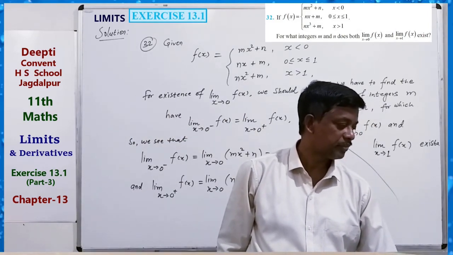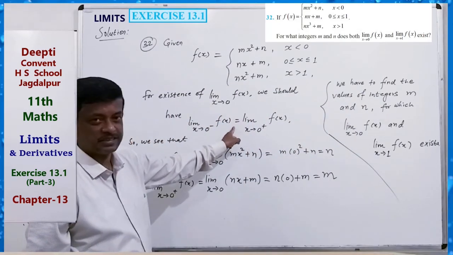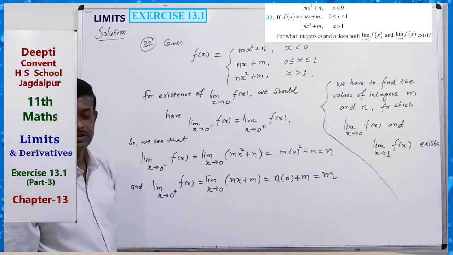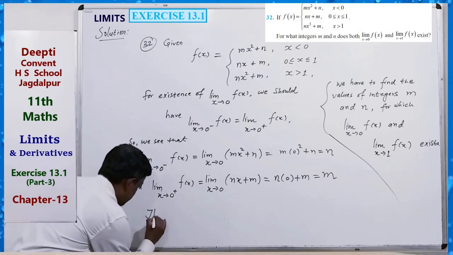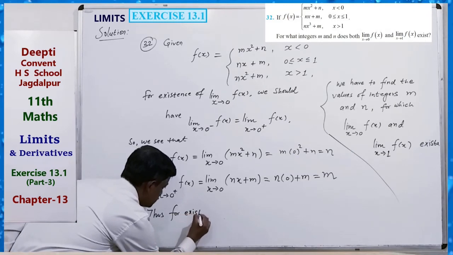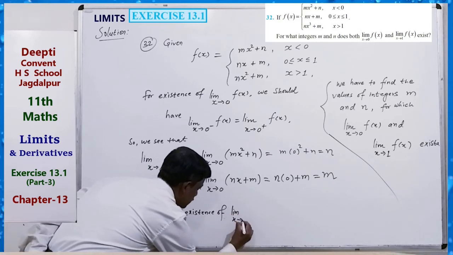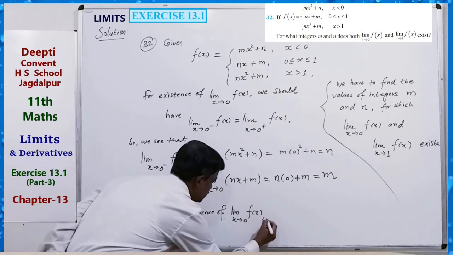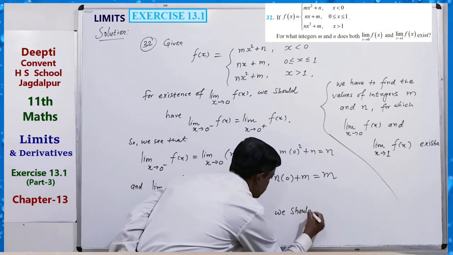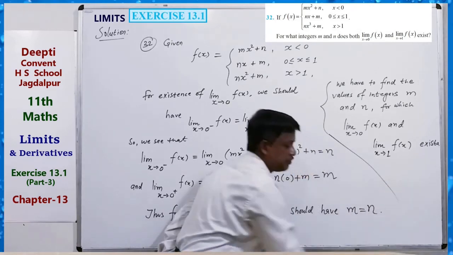Okay. So for the existence, for satisfying this, n and m should be equal. Thus, for existence of limit x tending to 0 f(x), we should have m equals n.